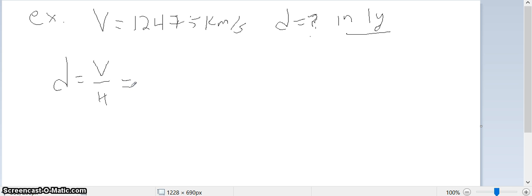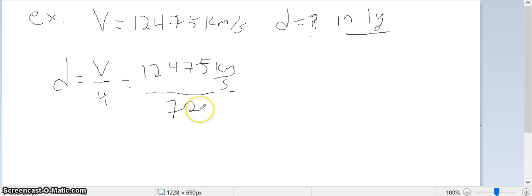So this is pretty straightforward. 12,475 kilometers per second divided by 72 kilometers per second per megaparsec.